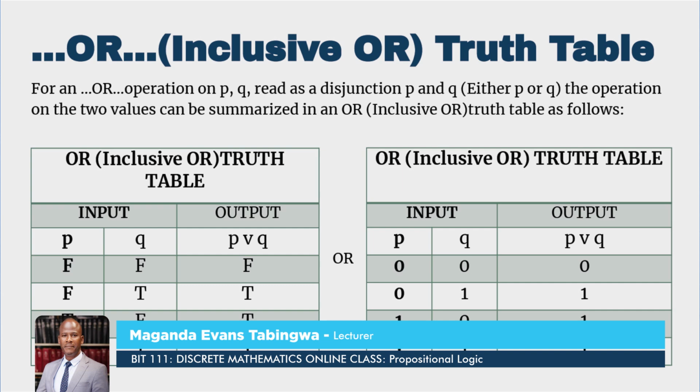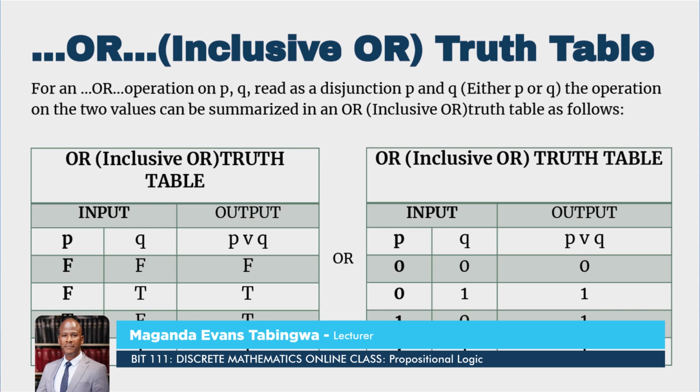Okay, so what do we do? If you want to get how many rows the truth table would have, because it is a binary representation, the formula is 2 to the power n, which gives the number of possible combinations or rows for that truth table.